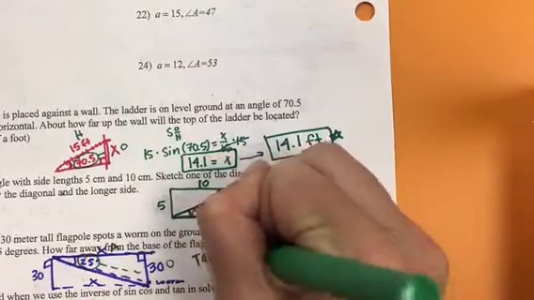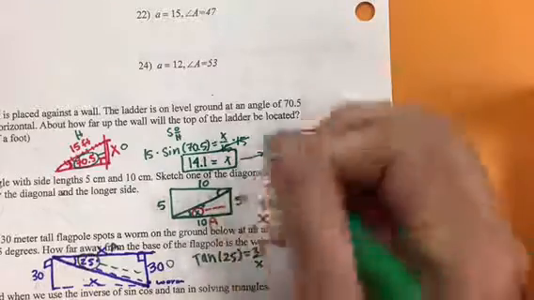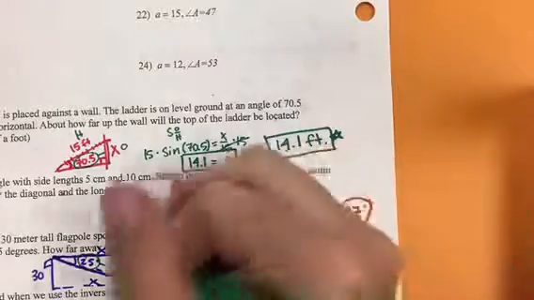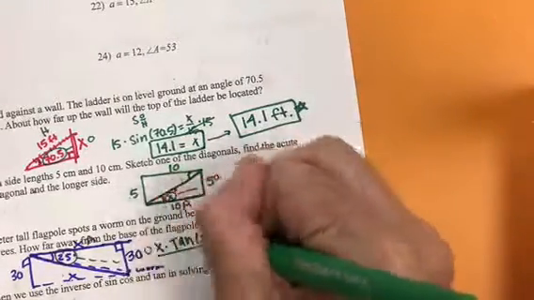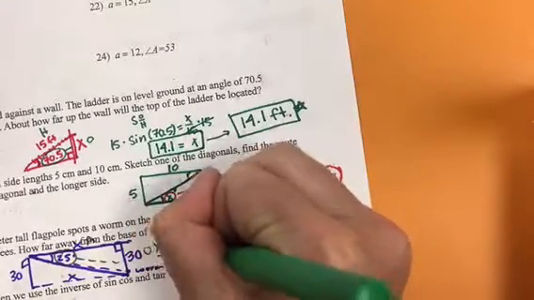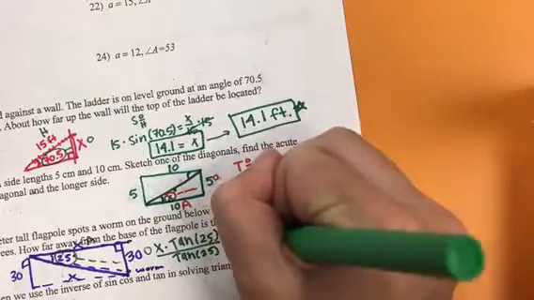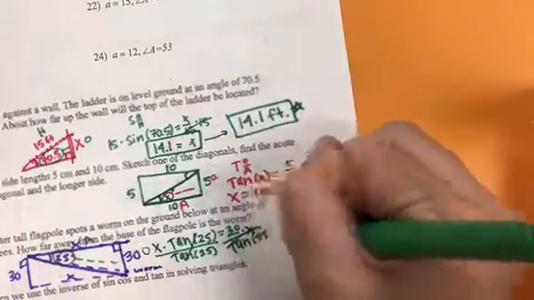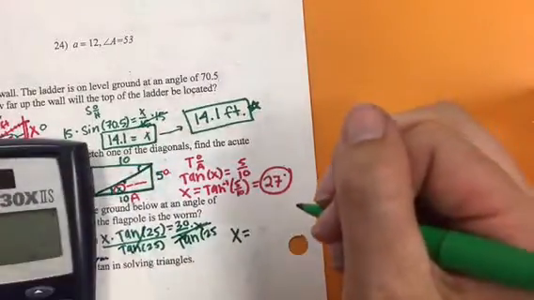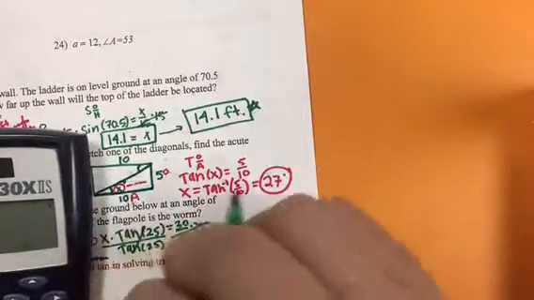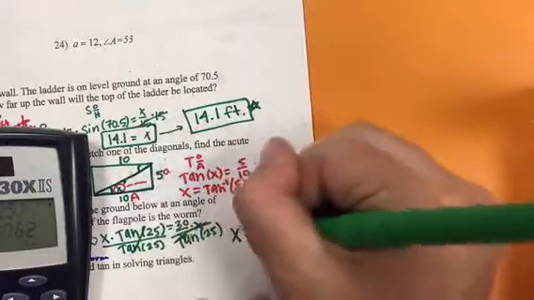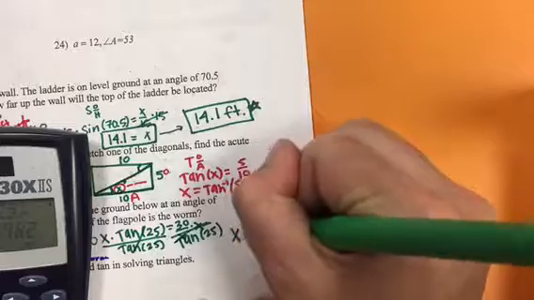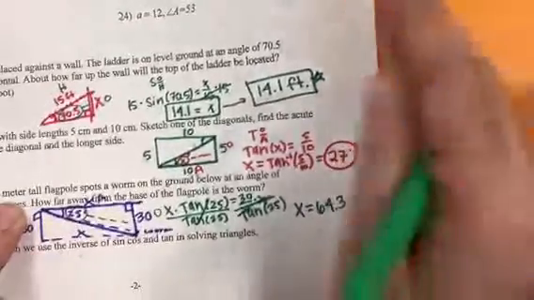Tangent of 25 equals O over A. I want to solve for x, so I get rid of the denominator. Now I can't enter that in, so I need to divide by tangent. And x equals 30 divided by tangent of 25 equals 64.3, and my measurement is in meters.